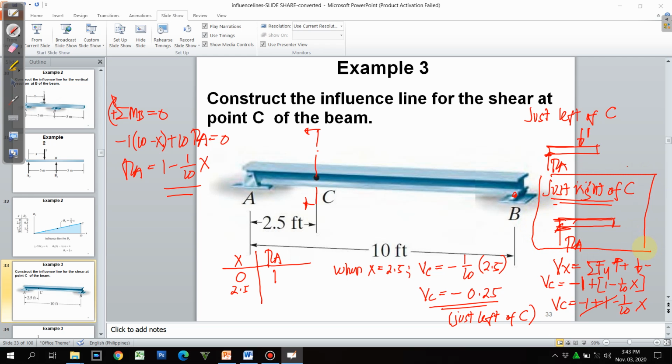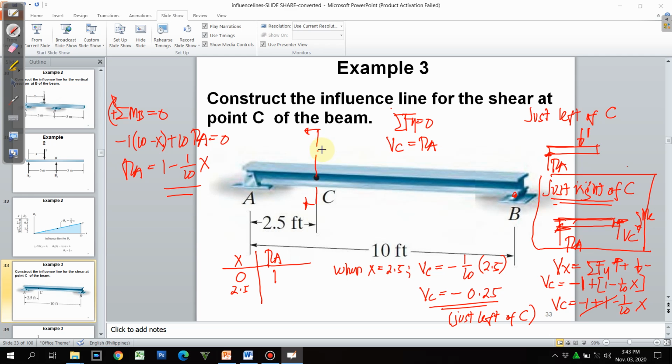We can foresee from this figure, just right of C, your shear at C, by the rule of summation of vertical forces, your VC is simply equal to RA. Your VC is simply equal to RA.